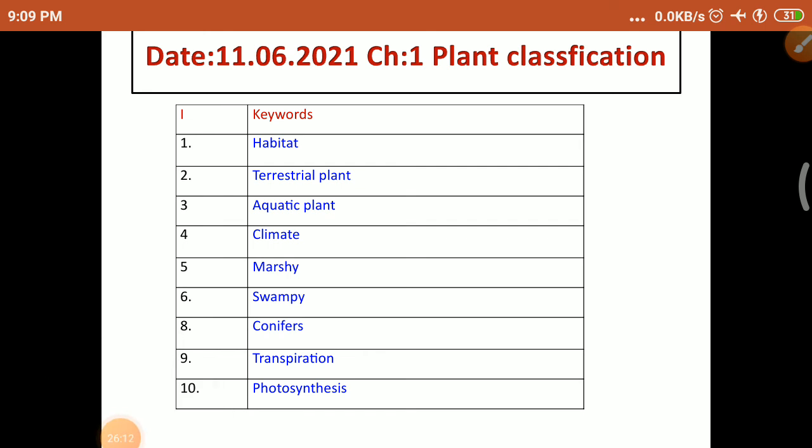The fifth one, marshy. The sixth one, swampy. Eighth one, conifers. The ninth one, transpiration.